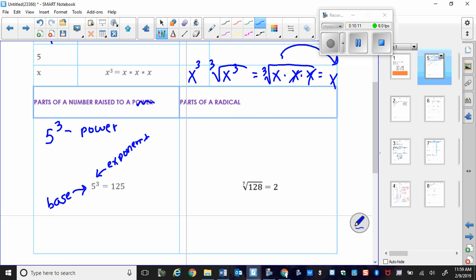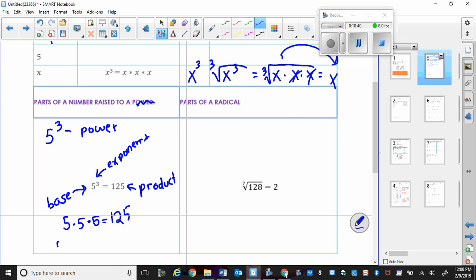Now, this over here is a product. So it's like saying base 5 to the 3rd power equals 125, or basically 5 times 5 times 5 equals 125.